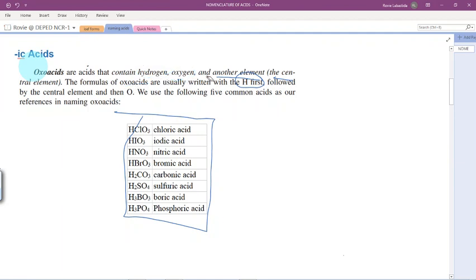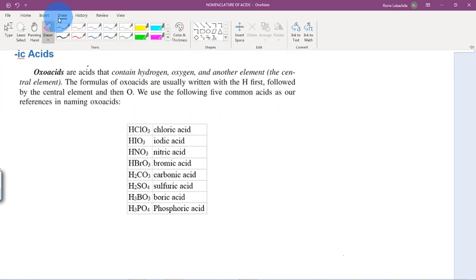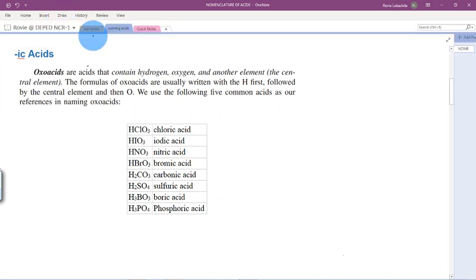Okay, so again, these are the common oxoacids. I would like you to memorize this. How many are they? 1, 2, 3, 4, 5, 6, 7, 8.